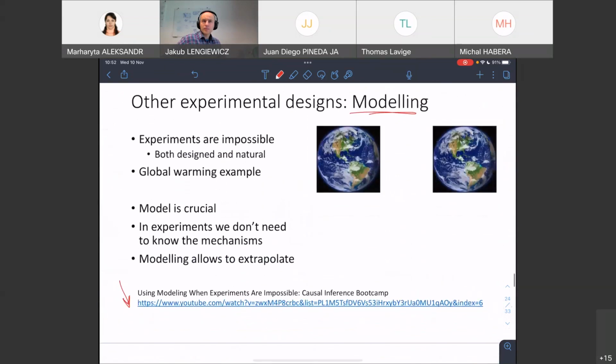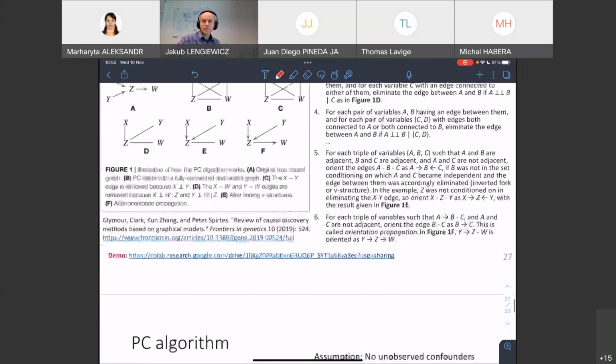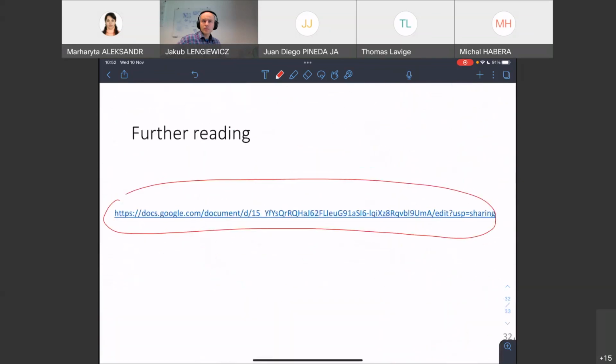And also I prepared this document that contains some ideas for further reading, some books, and also some references to the researchers who are currently actively working, in particular in causal machine learning. So you can check those and get to know more about what the current state of the art is, what the people are doing.